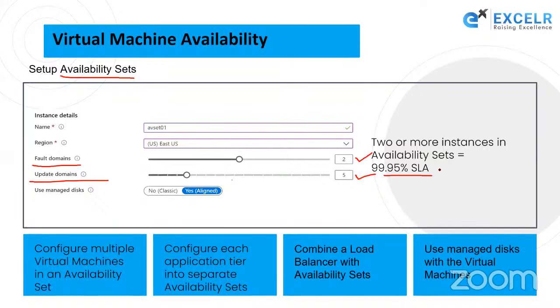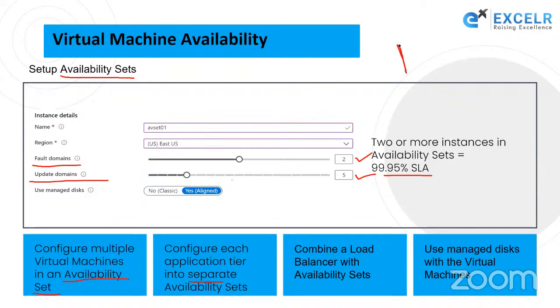This is a guaranteed, committed SLA from Azure. You can configure multiple virtual machines in an availability set. Whenever you are creating this availability set and adding it to your virtual machine, you can have the same availability set for different virtual machines. Then configure each application tier in a separate availability set. This is one of the best practices.